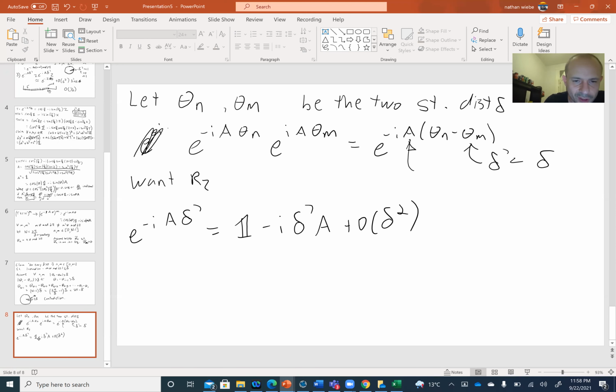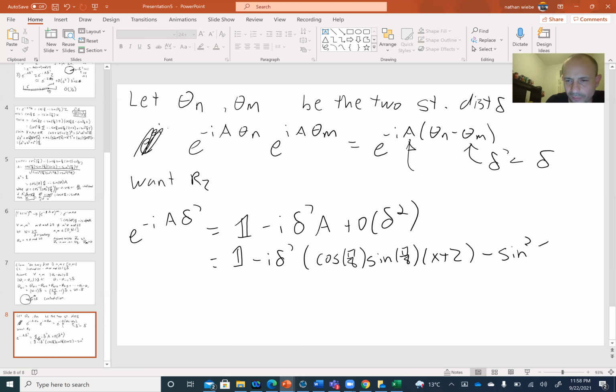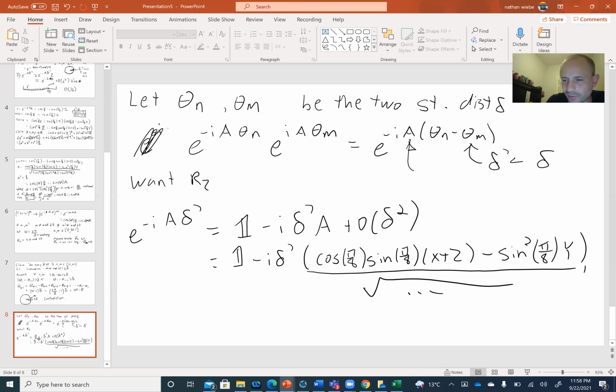Now, recalling our definition of A, this is identity minus i delta prime times cosine pi by 8 sine pi by 8 x plus z minus sine squared pi by 8 y, divided by the square root of the other normalizing stuff, plus order delta squared.